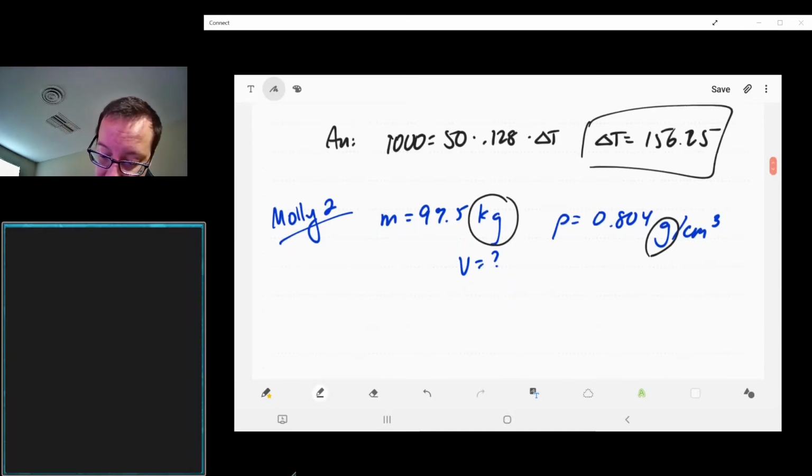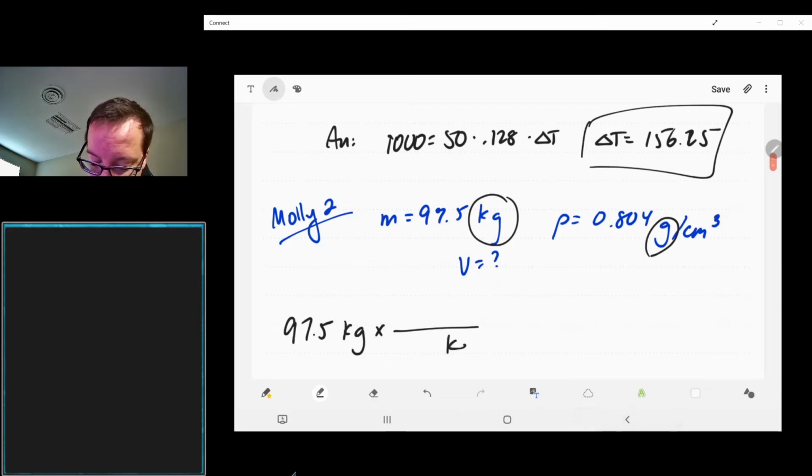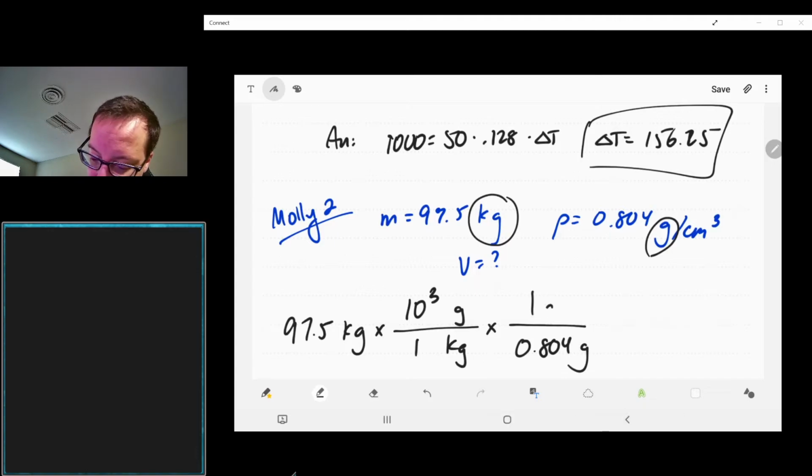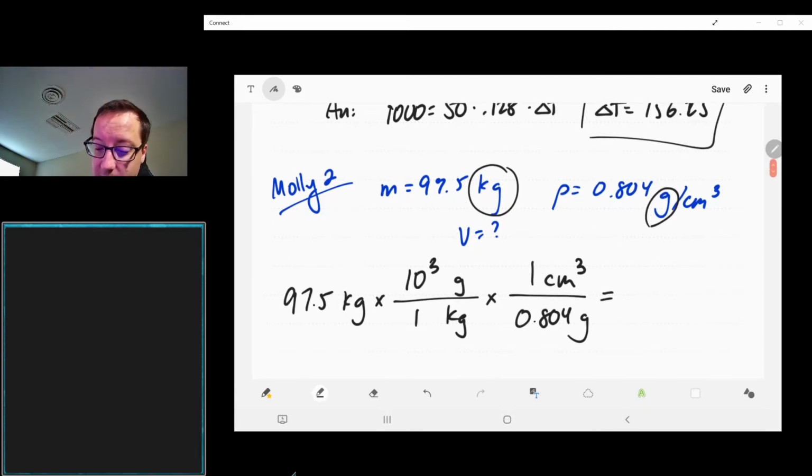While we do our unit conversion, we're going to have to get rid of the kilograms and turn it into grams first. I think that's probably what went wrong with this problem. Alright, so that's how we would do that. And now we're going to worry about using our density. We're going to put the grams component on the bottom so that it cancels out.